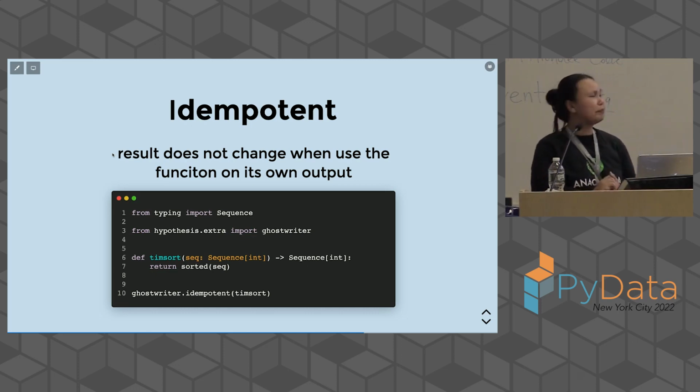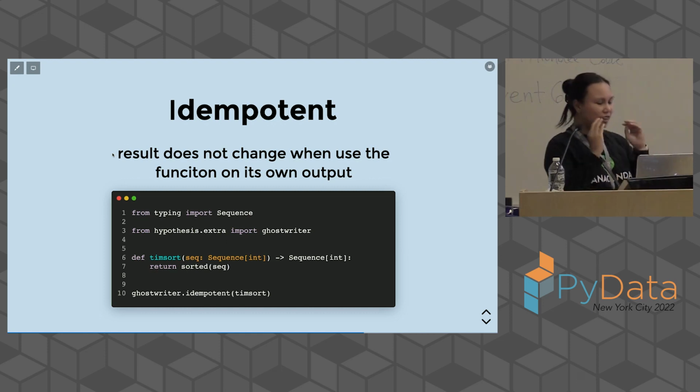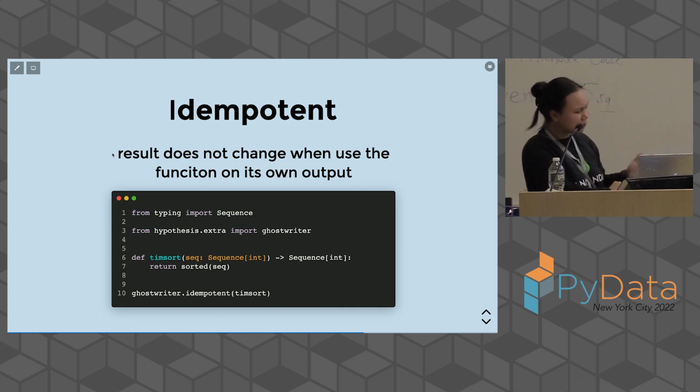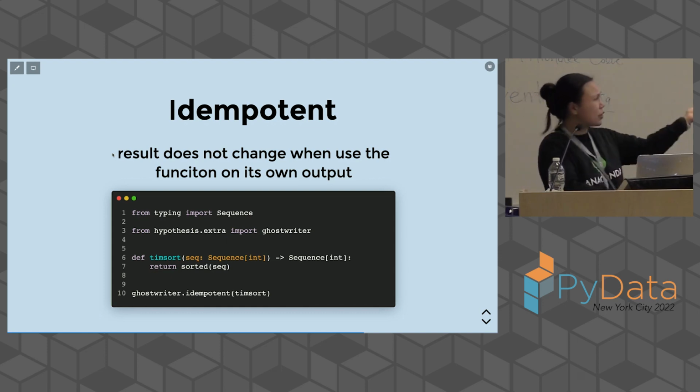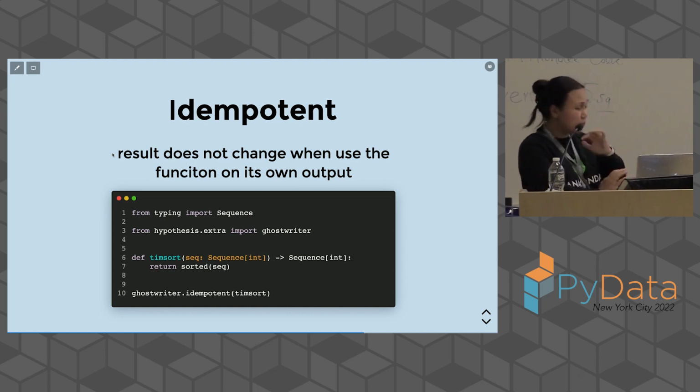For example, this one just means that if you apply a function to a result, it gives a definite result. You can apply the same function to the result of that again, but it won't change. It's useful when you test something like sorting. If you sort something, it should be done, right?